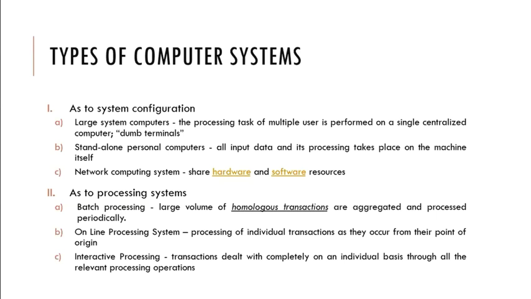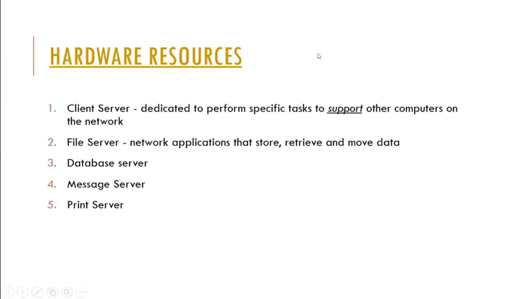And then we also have network computing systems. They share hardware and software resources. What types of hardware do they share? You have the client server, file server, database server, message server, and print server. Imagine different kinds of servers, each performing a specific task.